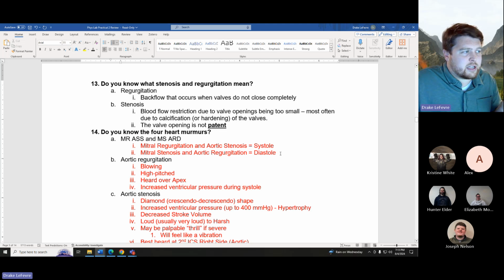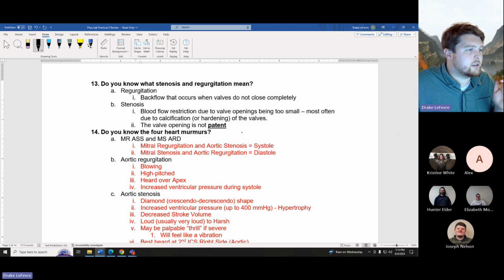If you need to learn it this way for this exam, that's fine. Just keep in mind understanding that cardiac cycle, this whole process.